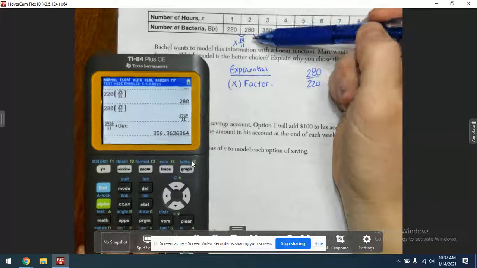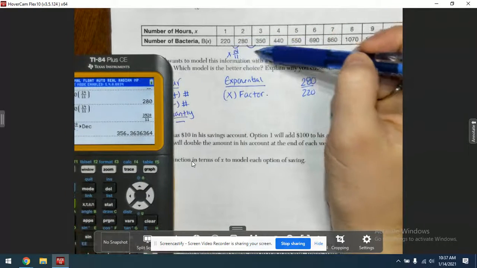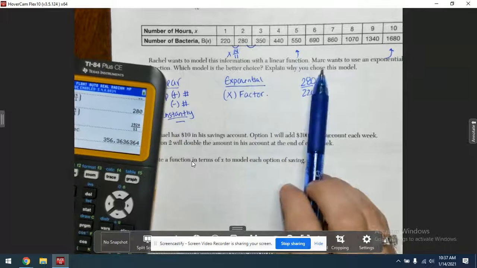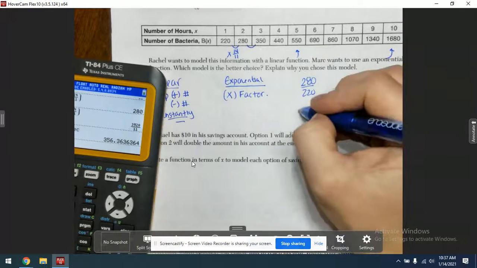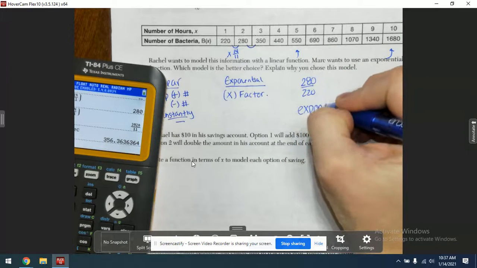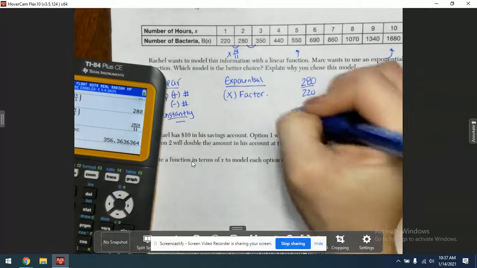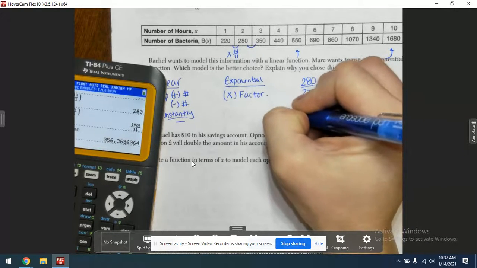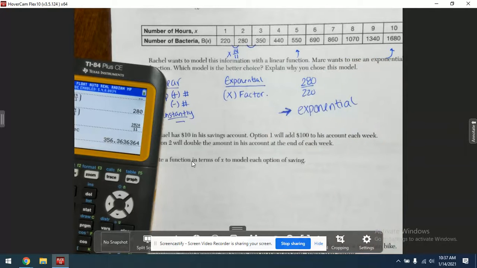So here's what's weird about this one. We knew it wasn't linear because it didn't keep adding 60. So because there's only 2 options, it has to be exponential. So let's write this first. Okay, I know this seems weird. I forgot about how weird this problem was. This one was on a Regents probably 7 years ago or so.